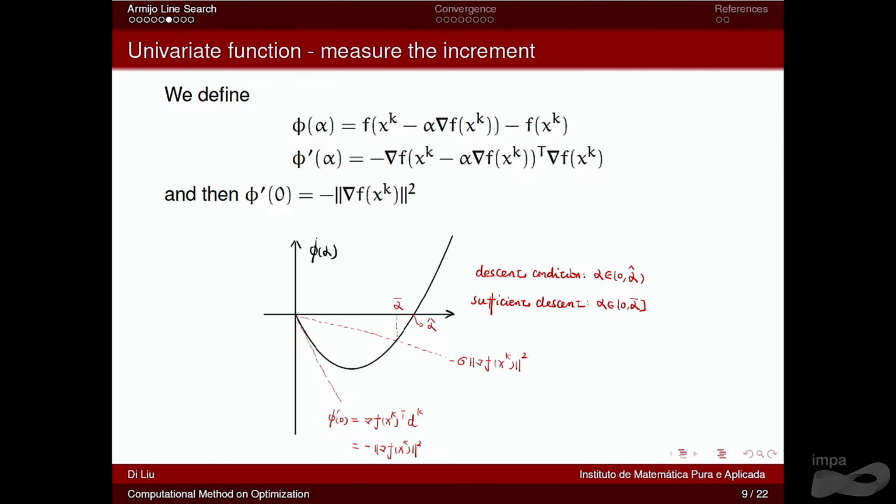At least we want the step size to be between 0 and alpha hat. The reason is we need to satisfy the descent condition. We do not want the step size in this part, because in this part the function value will increase.